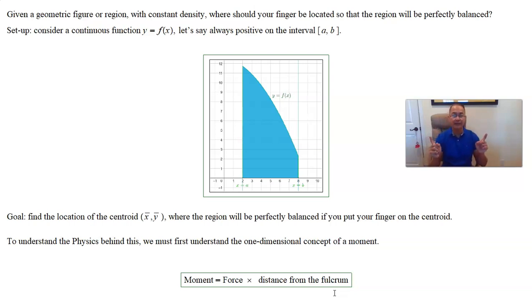In either case, the moments of the three guys are going in one rotational direction, and the water bottle is pushing it in the opposite rotational direction. So a moment can be positive or negative. Maybe I should put a plus or minus sign over there, depending on the way that the force is making the system rotate.